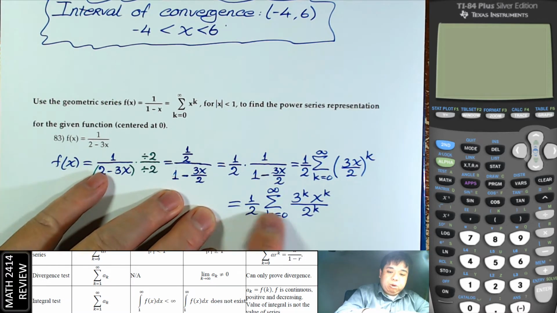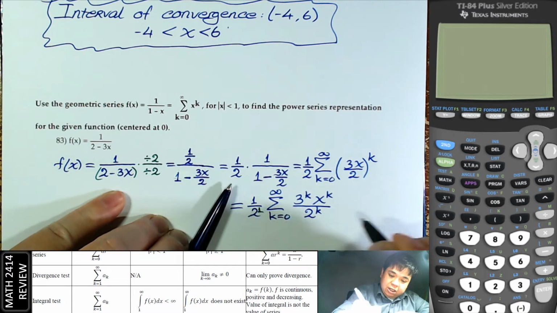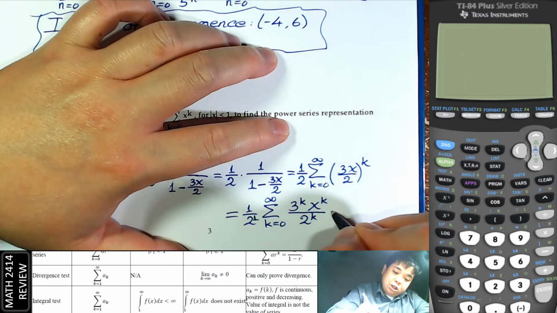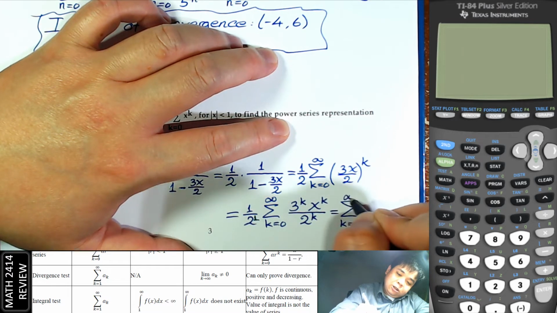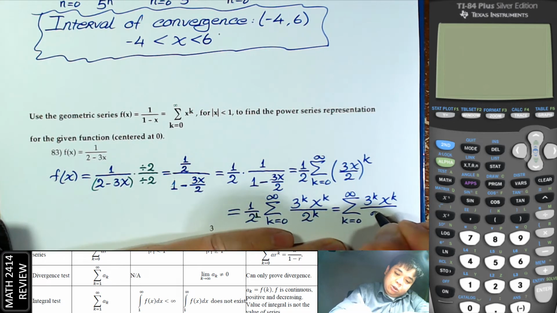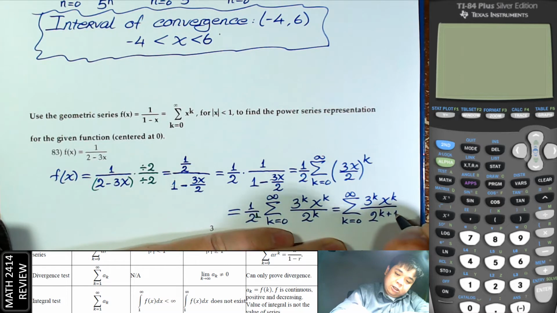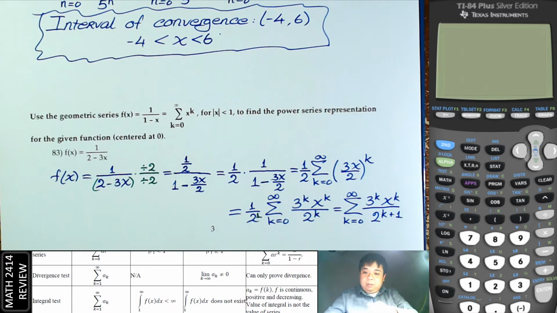And the 2, if we multiply at the bottom, 2 to the first times 2 to the k, that gives us 2 to the k plus 1. 3 to the k, x to the k, 2 to the k plus 1. Right, so once again, that is a formula. Make sure it is in the right form before we use it.